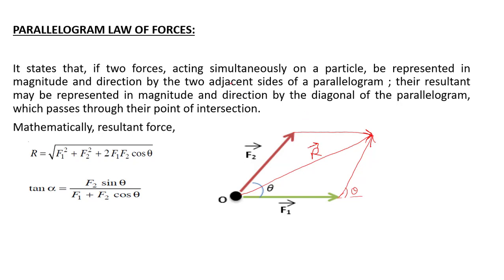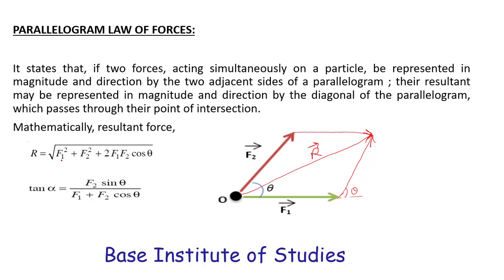According to this parallelogram law of forces, this diagonal is the resultant of these two forces, and it can be calculated as per the formula given. R is equal to under root of F1 square plus F2 square plus twice of F1 F2 cos theta, where theta is the angle between the forces.